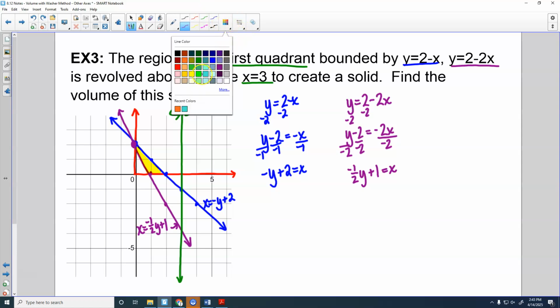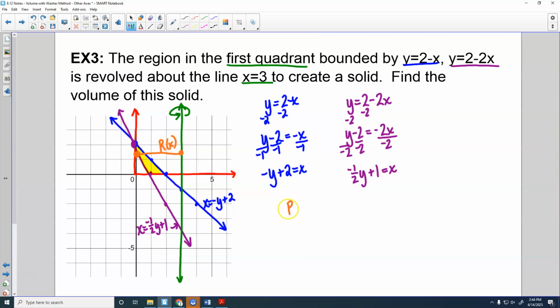So what we're going to do to find capital R of x and lowercase r of x, you always want to start at the line that you're rotating around. So I'm going to start right here at x equals 3, and you're going to go to the furthest edge of your shaded region. That's your capital R of x.